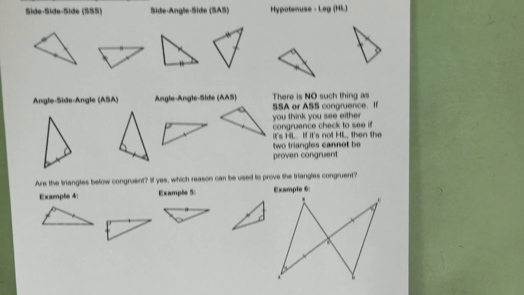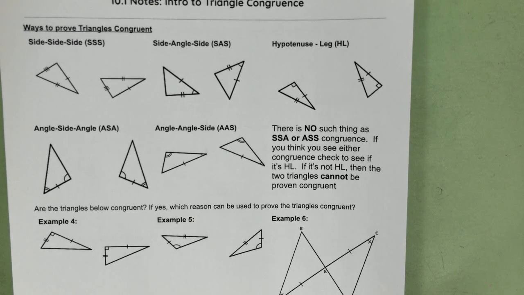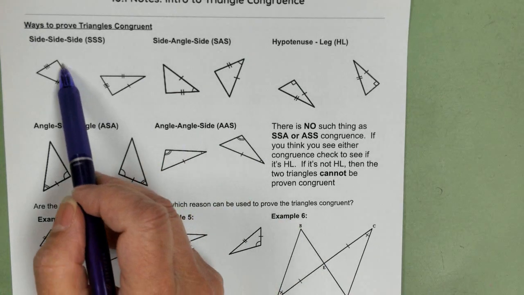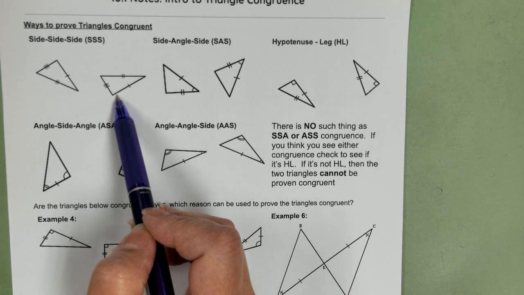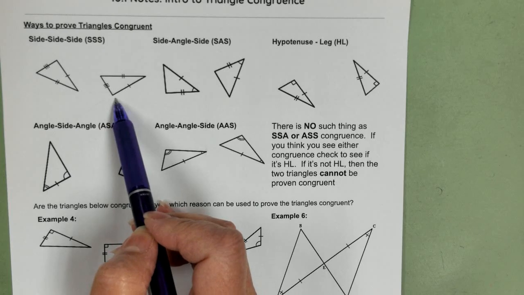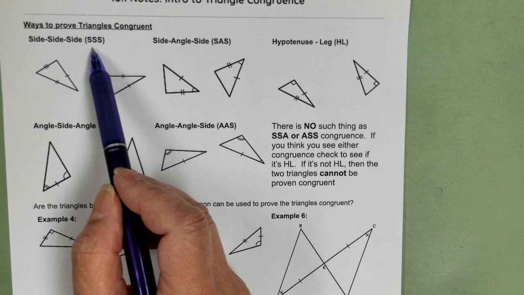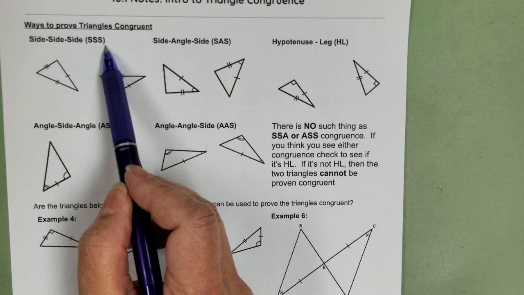There are several ways to prove triangles are congruent. If the 3 pairs of corresponding sides are congruent, they are congruent by side, side, side.